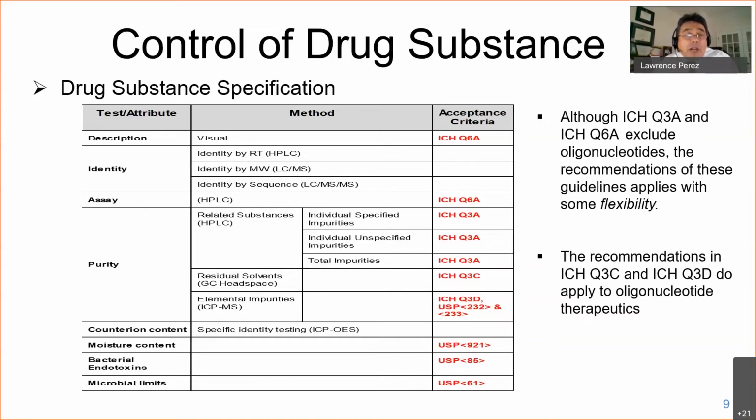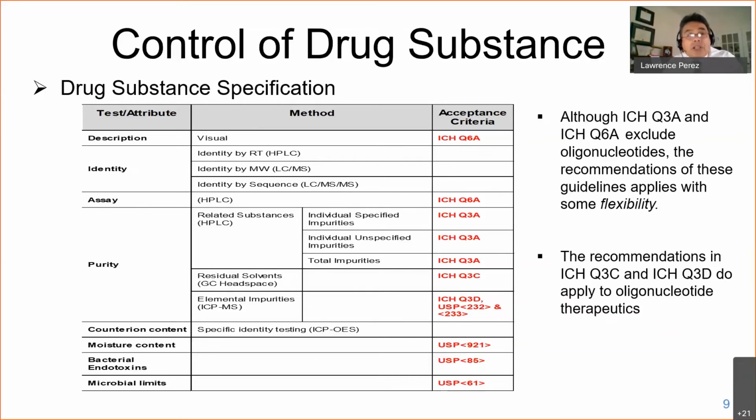Now, some of the other guidances that we have also used in low molecular weight therapeutics, such as the guidance for residual solvents and the guidance for elemental impurities, do directly apply to oligos. And so the recommendations there can be used directly for oligos.